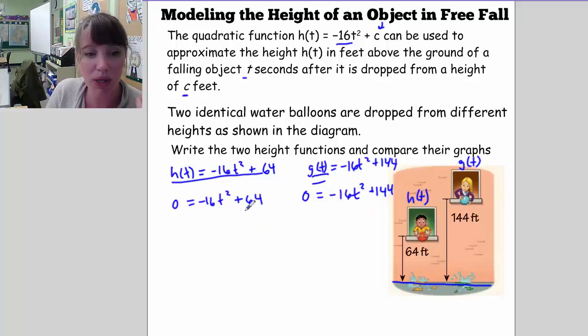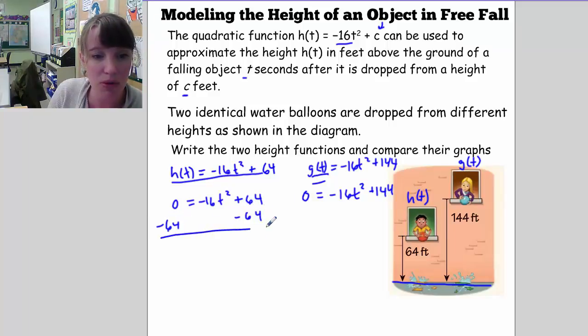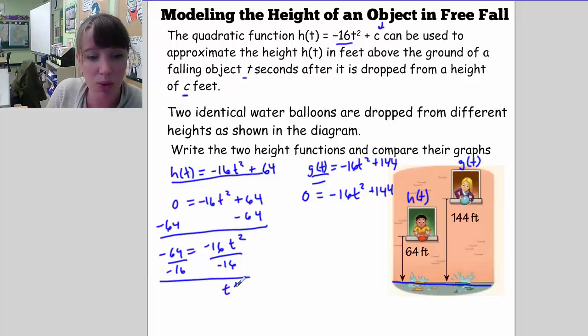We can solve it by subtracting 64 from both sides. Negative 64 is equal to -16t squared. Whoops, that should be -64. If we divide by -16, t squared is equal to 4.